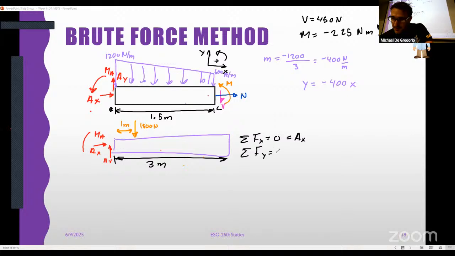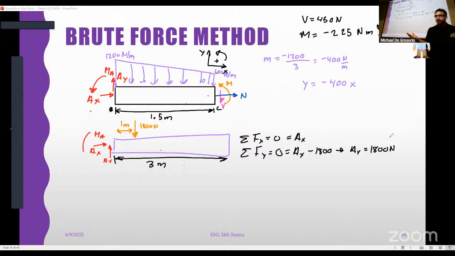Similarly, sum of the forces in the Y, AY is 1800 newtons. It has to be. It's the only force on there. It has to balance the rest of that distributed loading, right? It has to balance all of it.